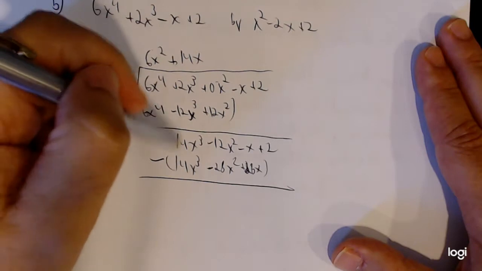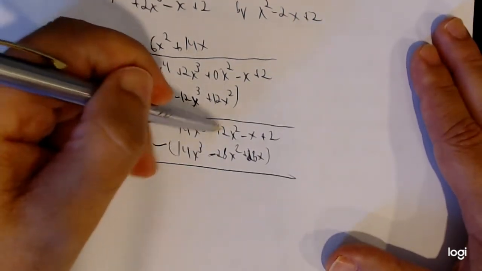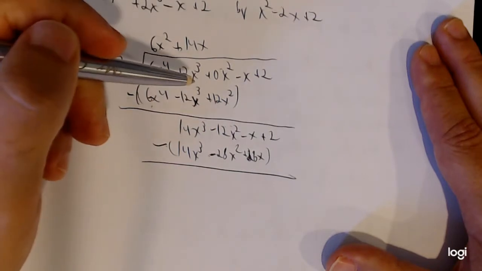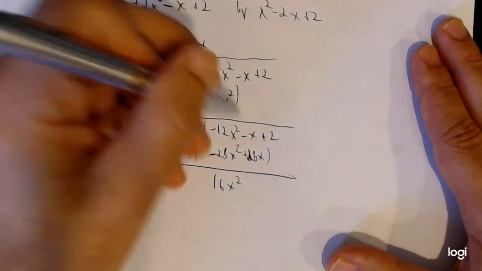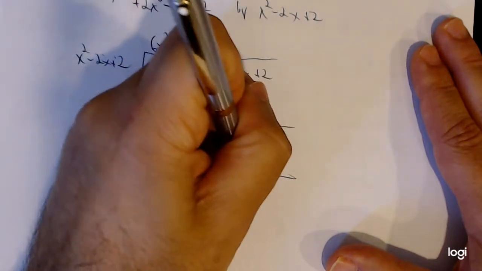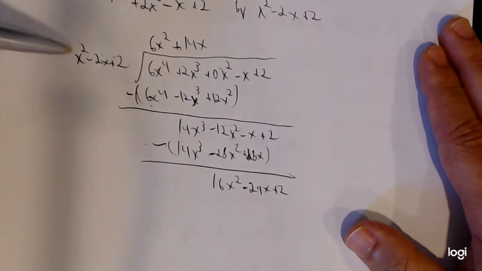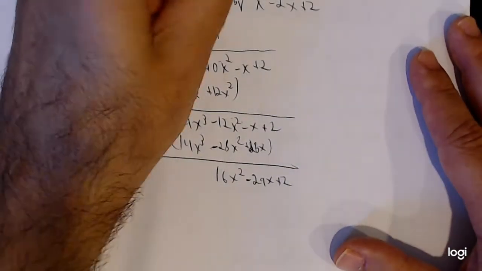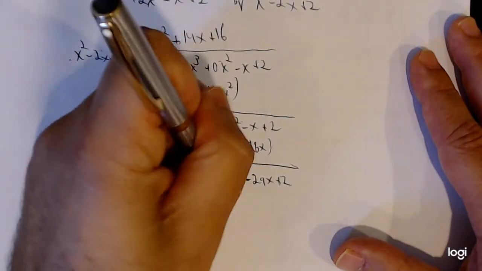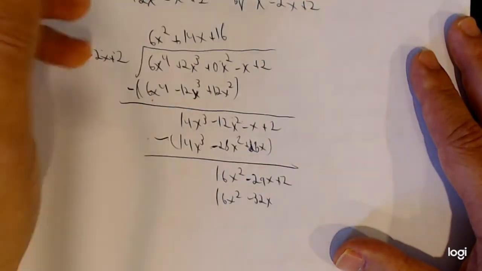And then we subtract. That zeroes out. Negative 12 minus negative 28 becomes negative 12x squared plus 28x squared, which becomes 16x squared. Negative x minus 28x is minus 29x, plus 2. Okay, and this is going to be the last time we perform this, it looks like. So I would just need to multiply by 16. When I multiply by 16, I get 16x squared minus 32x plus 32.